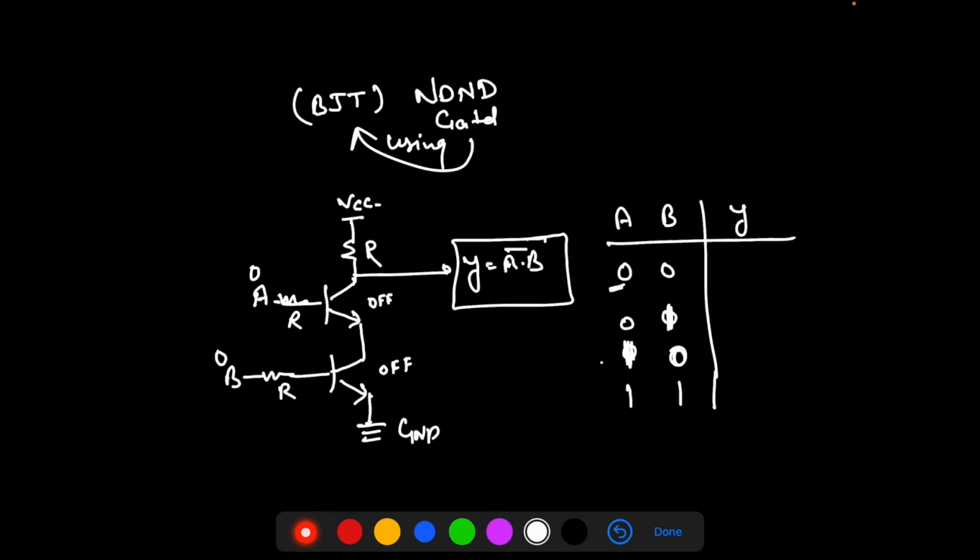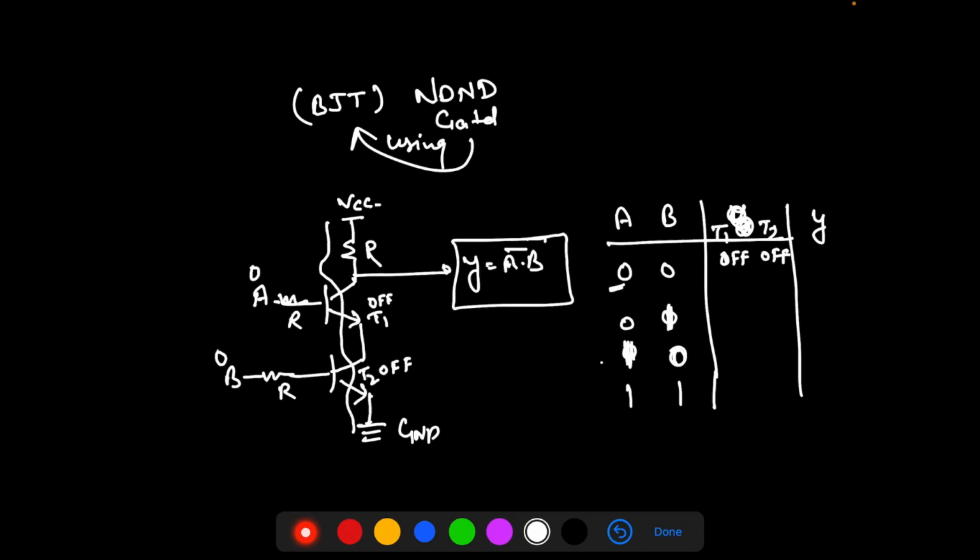In both cases, if we write down Y, here it is BJT T1 and T2. So in the first case T1 is off and T2 is also off. If both are off, then the current is not flowing through this circuit.